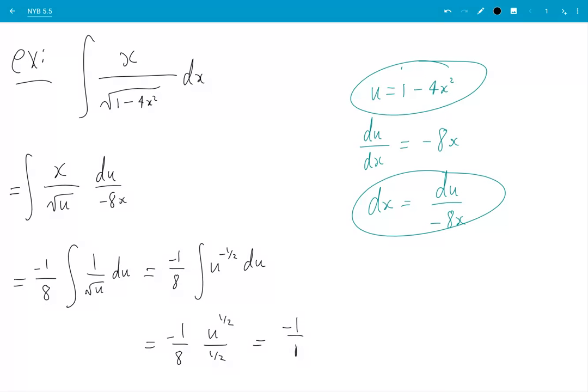Negative 1 over 4 u to the half, which is equal to, well, plugging my u back in, I get this. And that looks good to me.